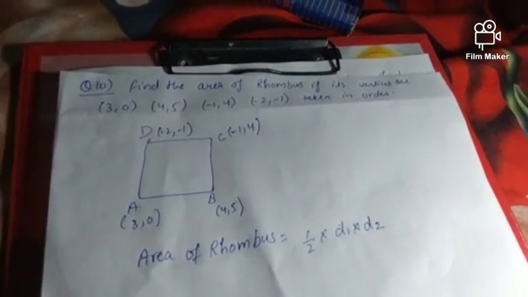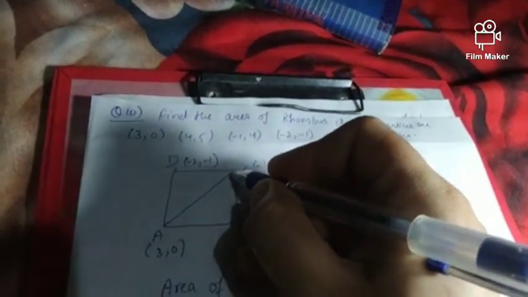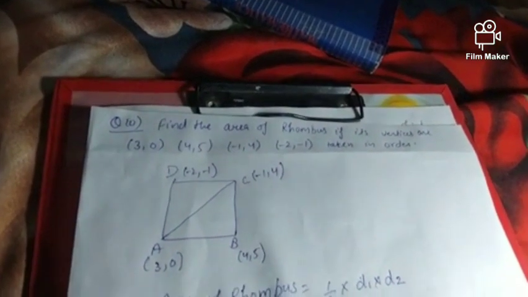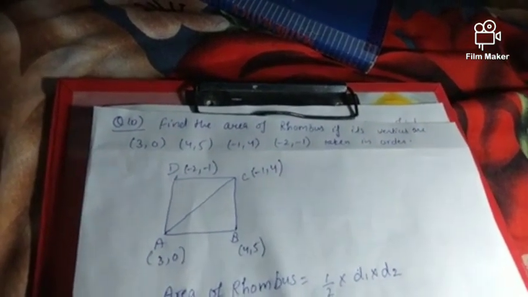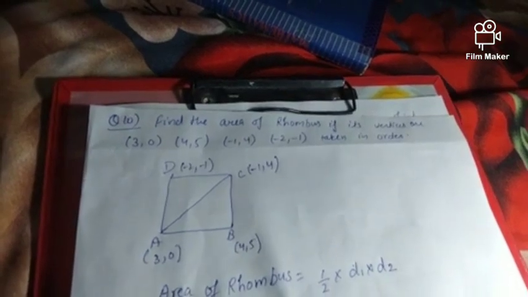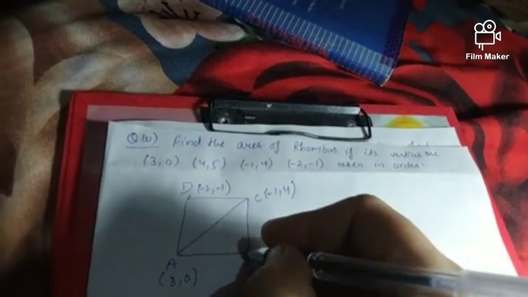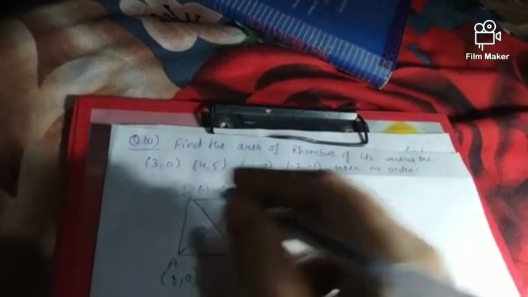But they have not given us the diagonals. Diagonal is AC. How can we find the length AC? As endpoints are given, by distance formula. Yes. Similarly, we can find the diagonal BD also by using the distance formula between B and D.